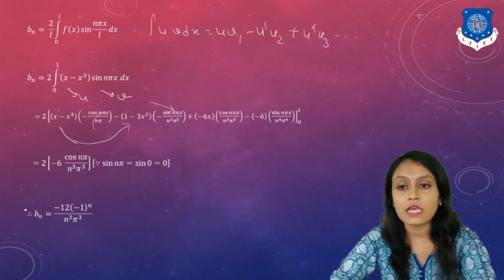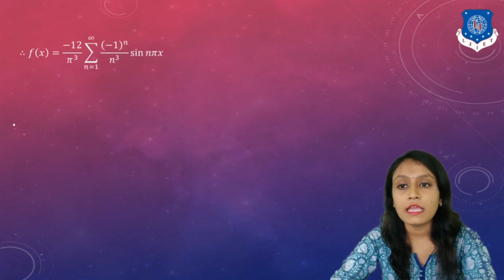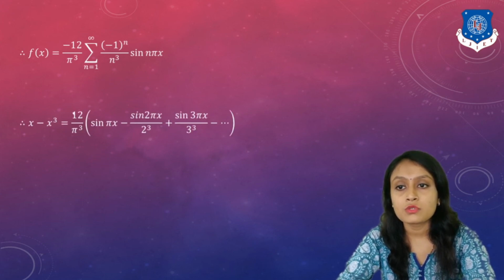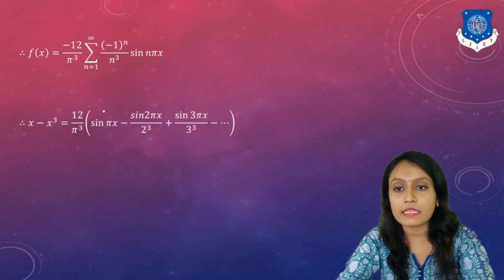Now we will substitute the answer of bn in the formula f(x) equals summation n from 1 to infinity bn sin(n pi x). Minus 12 upon pi cube was a constant, so it is taken out of the summation, and this is the answer for f(x). If you want to expand it, you can expand it like this. The function f(x) is x minus x cube, which is written here, and on substituting n equals 1, here you will get minus sin(pi x).